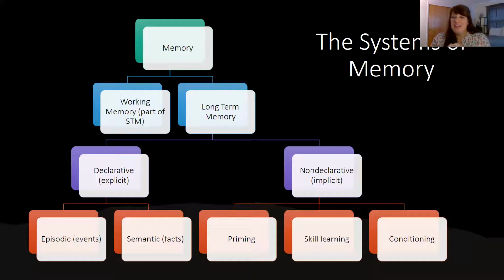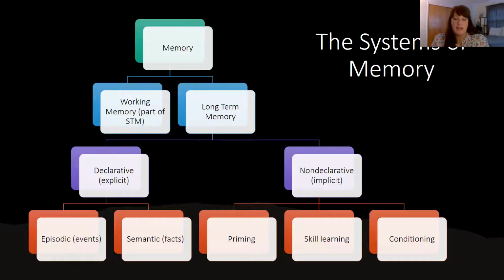So I did mention short-term memory, long-term memory, and sensory memory. They are part of the main memory systems, but for our purposes, we're really going to focus on short-term and long-term memory. And much more specifically, we're going to focus on working memory, which is considered to be a part of short-term memory. It's the part of our memory that allows us to manipulate information.